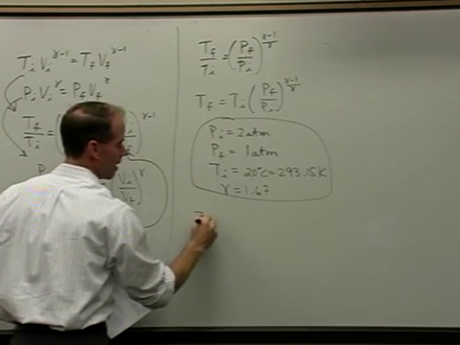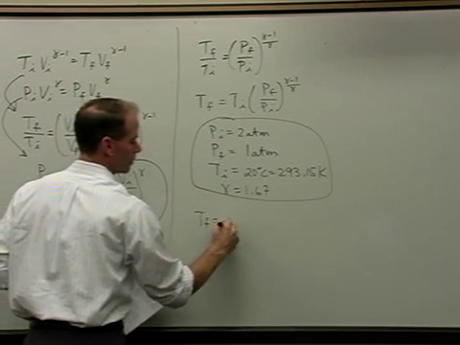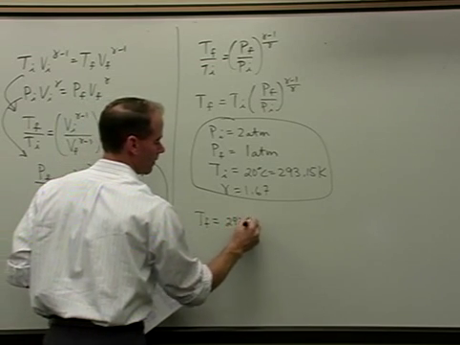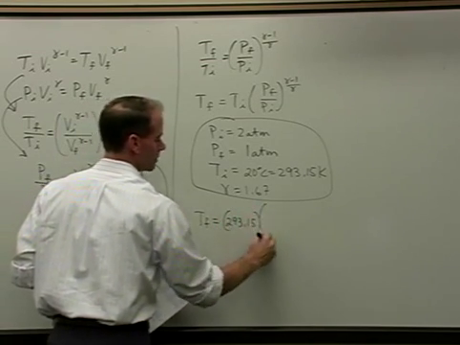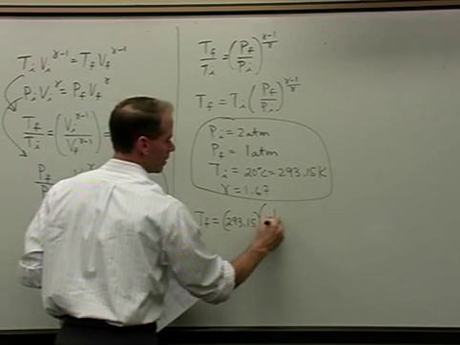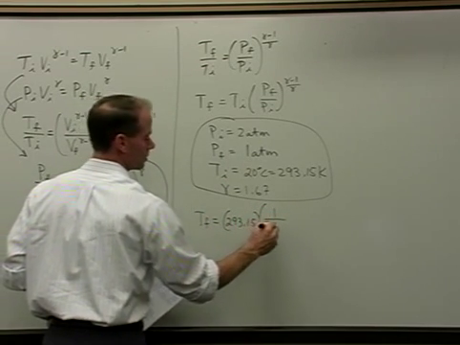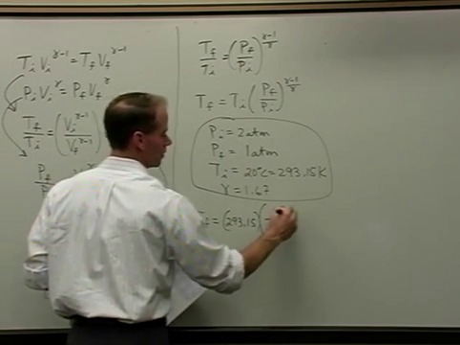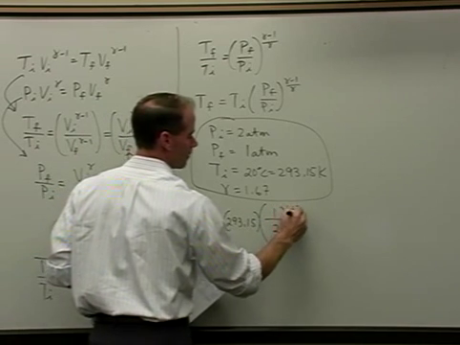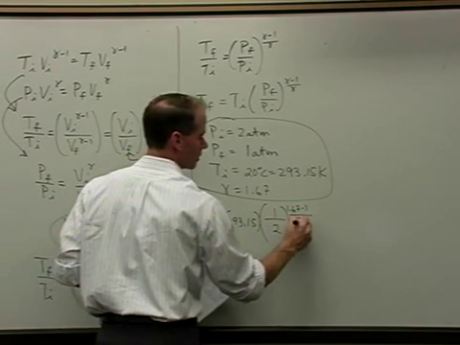And now we have T final equals 293.15 times P final, which is 1, over P initial, which is 2, to the (1.67 minus 1) over 1.67.